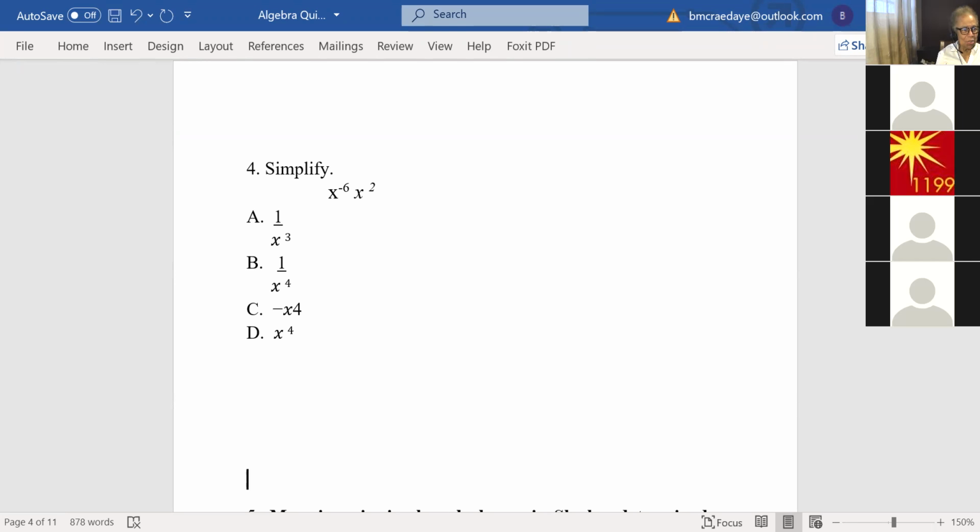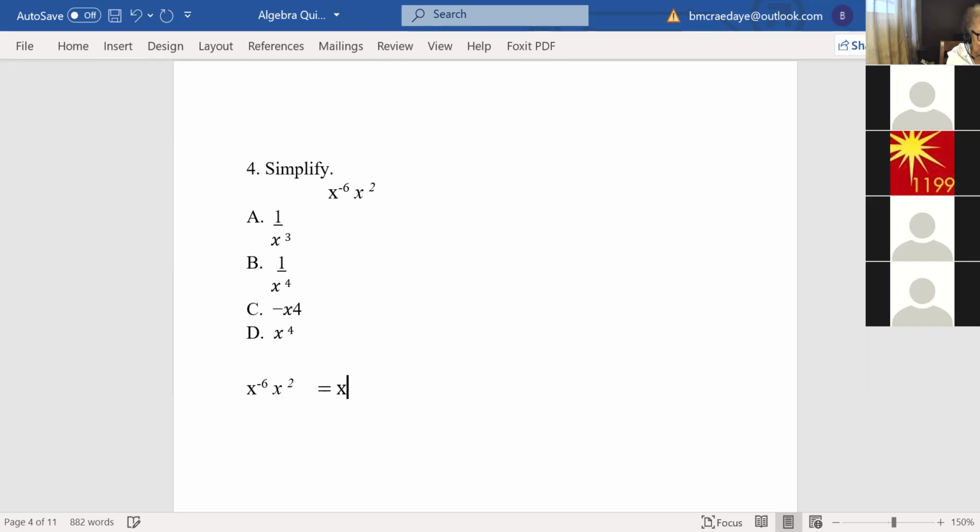Okay. Chastity, what did you get? I have B, but I was debating. Actually, me and my son were going through it. Everybody is right. Because remember, when you multiply, you add the exponents. Remember the exponent rules? You add the exponents. So a -6 and a +2 equal what?